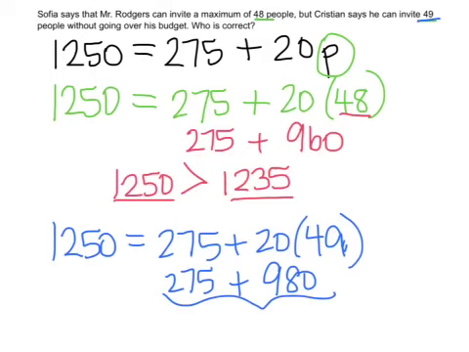And all of that equals 1,255, which is greater than 1,250. So the problem is that his maximum budget is $1,250, and Christian, by inviting 49 people, is over his budget by $5. So who is correct? Sophia is actually correct.